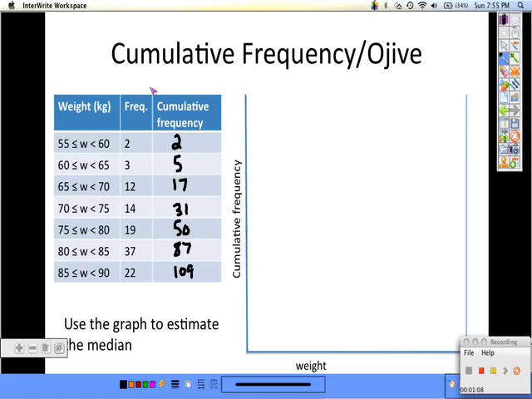An ogive keeps track of this. Across the bottom here, this is going to be the weight, so I need to go up to 90, and the ogive is going to start at 0. So 90, that's a little less than half, so I'm going to mark that as 40.